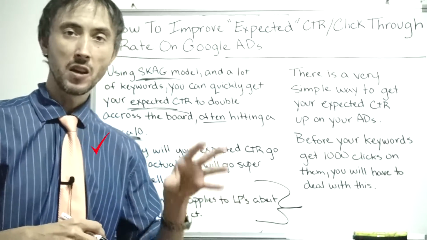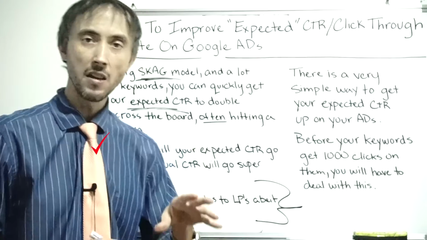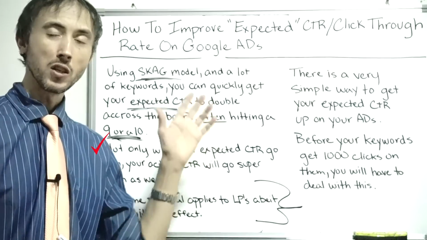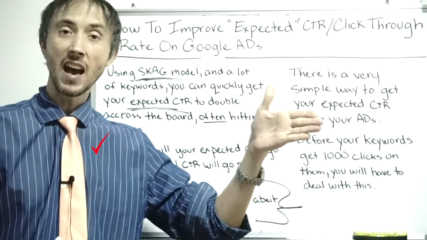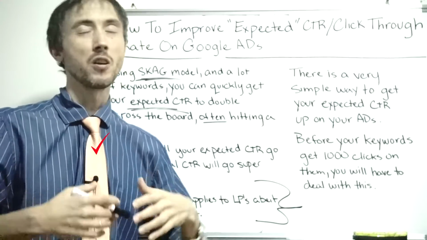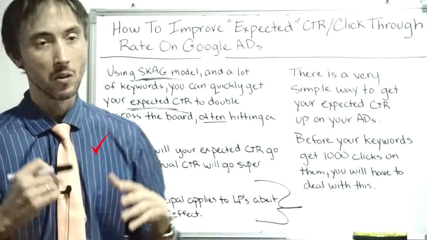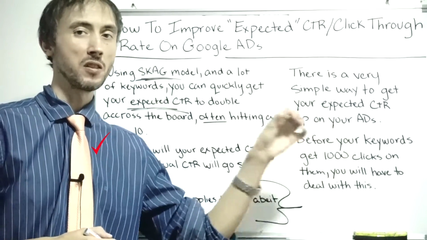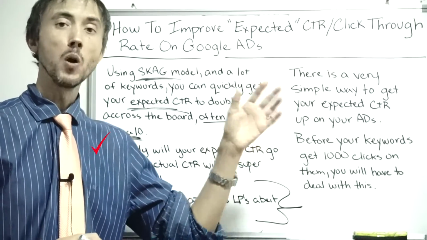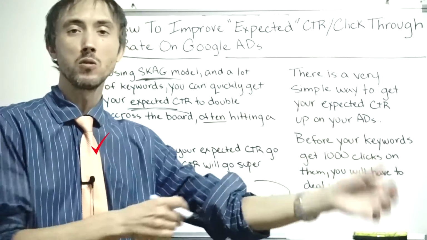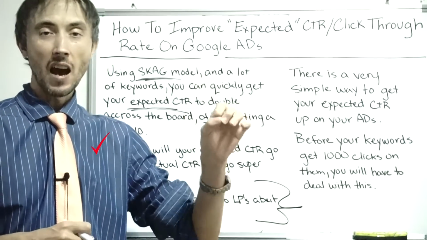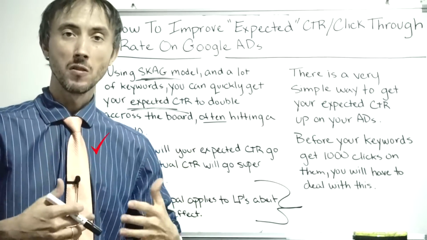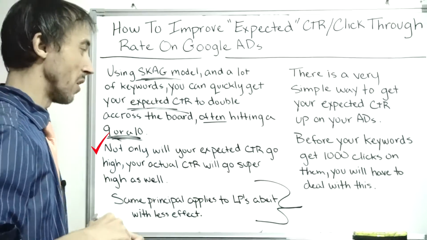And that is not so cut and dry, but for the most part, if you make a custom landing page to go with every one of your keywords so that the headline matches what the keyword is, not exactly, but for the towing company, going back to that example, if I type in 24/7 car towing service and you put 24/7 car towing service in that headline, that's most of what will get you to having an above average landing page experience score on your landing page before you have the 1,000 clicks through your ad and to that landing page for that particular keyword.